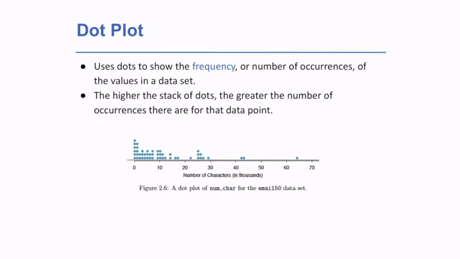So this is the number of characters in a whole bunch of emails in thousands. So you've got most of these emails that appear to be less than 10,000 characters, and you've got someone wrote like an entire novel in their email that is over 60,000 characters. 60,000 characters isn't actually a novel, but it's a very, very, very long email.